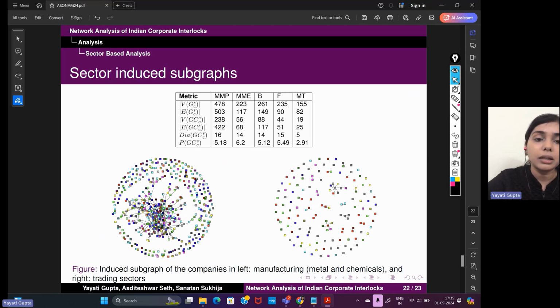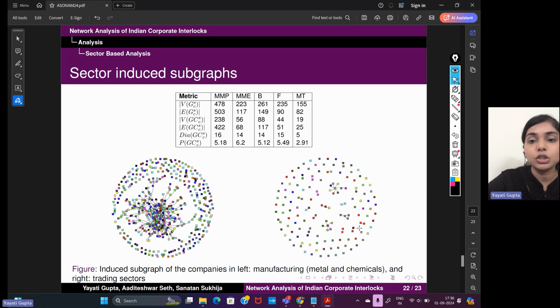Just to show the comparison, on the left-hand side is the induced subgraph of the manufacturing metals sector, MMP. As you can see, the giant component is very well visible, and there is a significant structure in this graph. On the other hand, if you see the same induced subgraph for the trading sector, it falls apart.